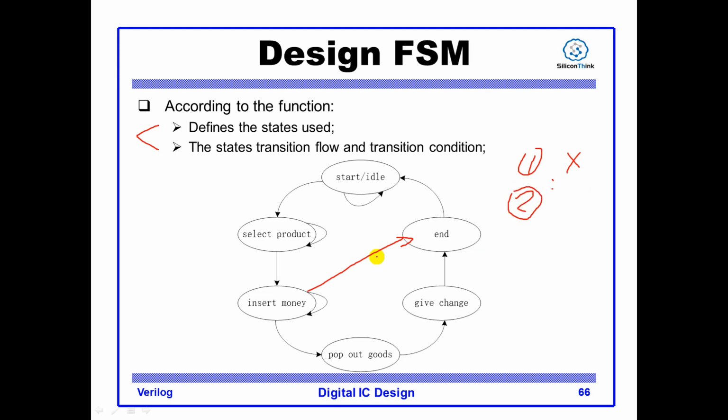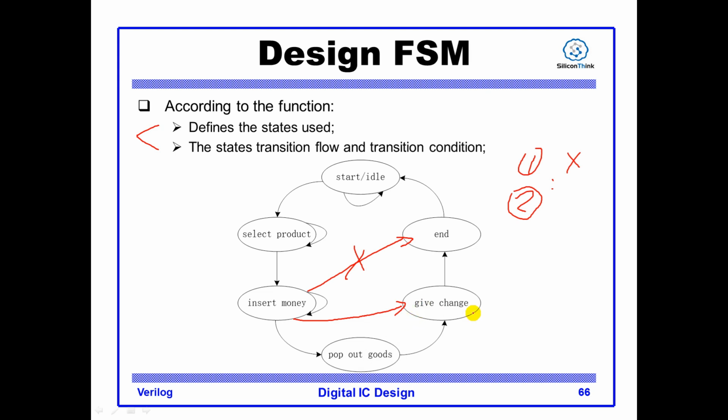The third solution may be that after some time, the customer finds he doesn't have enough money, and he may choose to cancel. The machine may provide a cancel button on the touch screen. Then the customer may press the cancel button and the state transition may go to here.